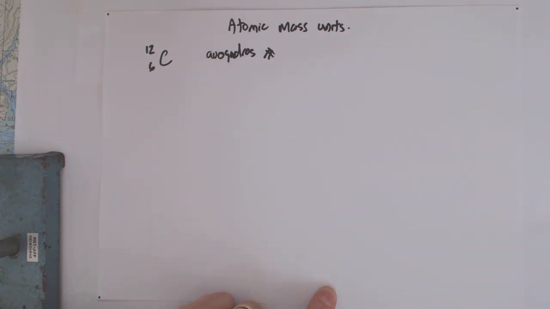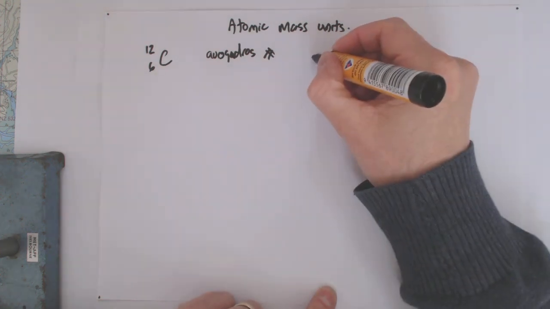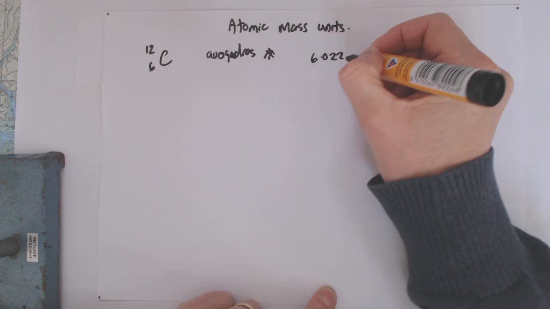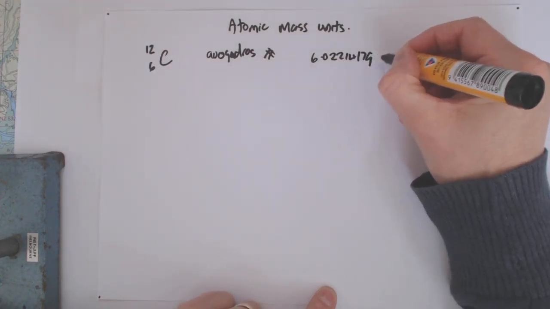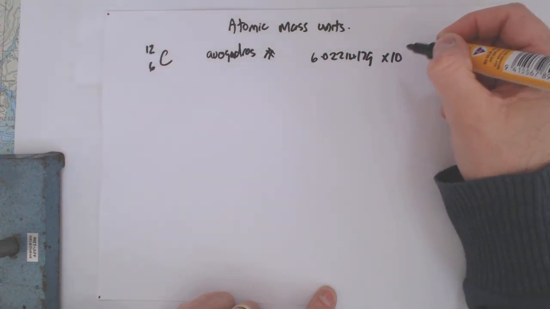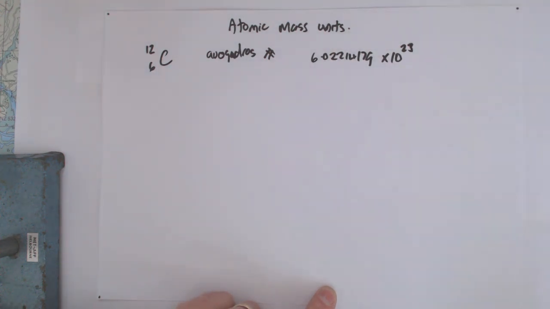So Avogadro's number, let's just have a look at my notes, it's been a long time since I did chemistry, is 6.022141179 times 10 to the 23. Now that many atoms will give you 12 grams.